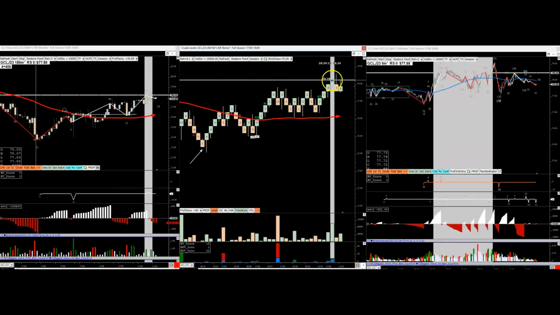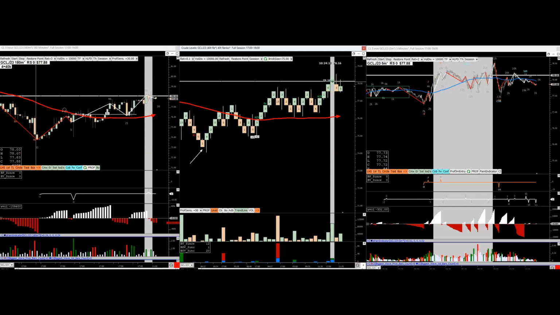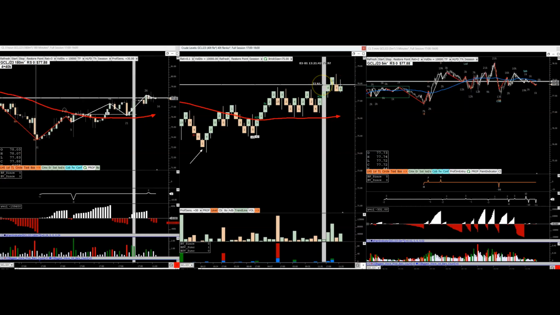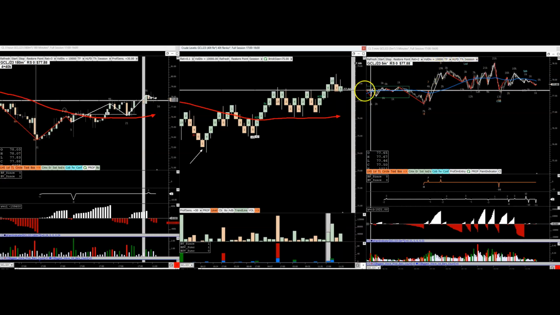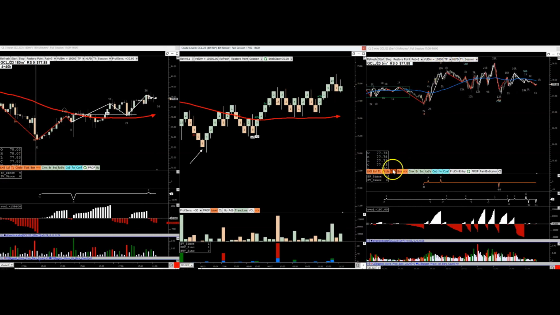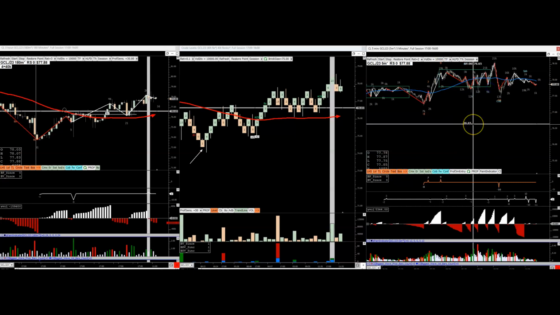If I showed you this up here, you see that's the biggest brick in the last 10 bricks. No, 20 up bricks. The biggest in 20 up bricks and 12 consecutive bricks. It is caused by the volume that's right here.